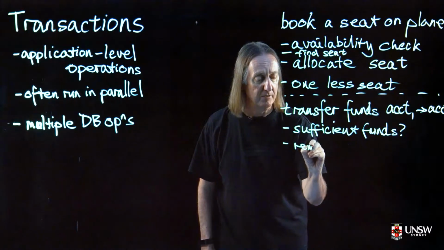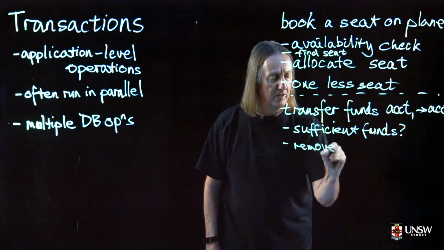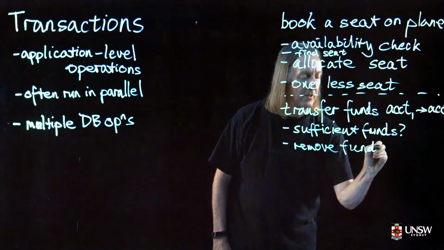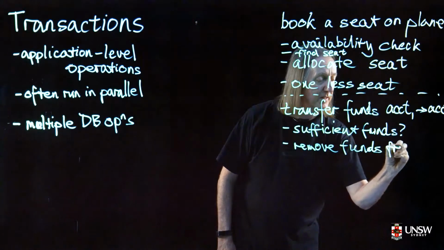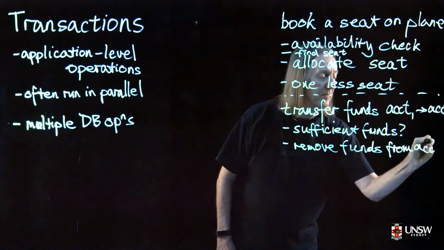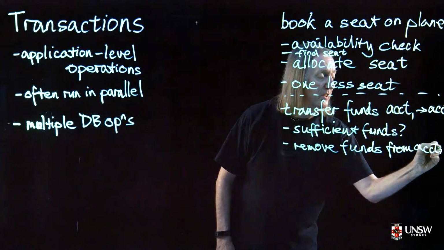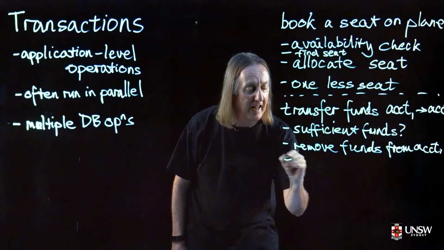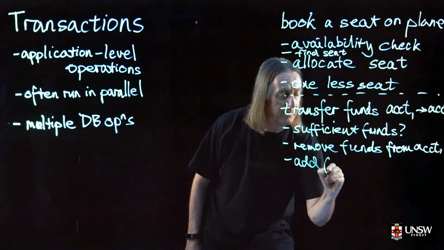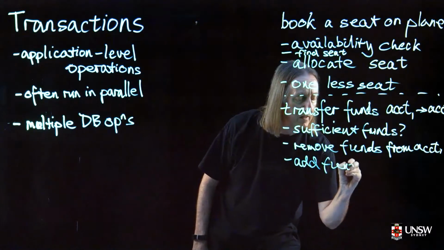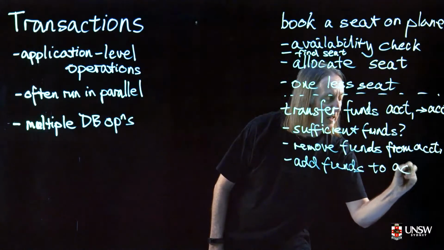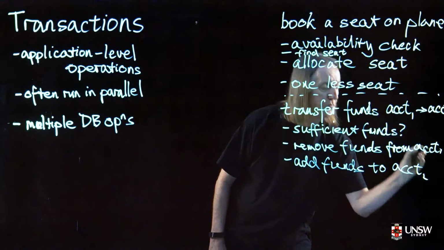Next thing is to remove the money from the source account, which let's say it's account 1 in this scenario, and add the money to the destination account, account number 2.